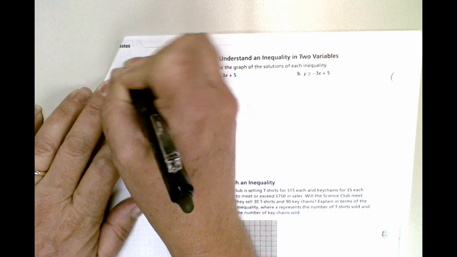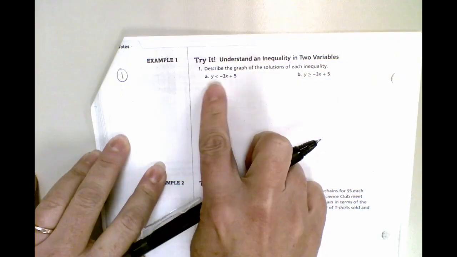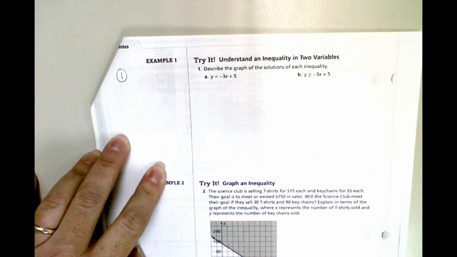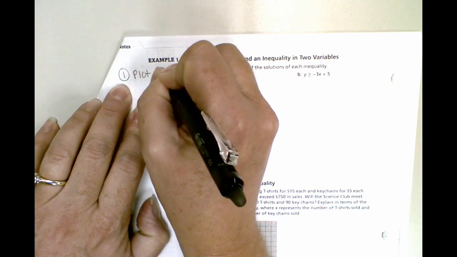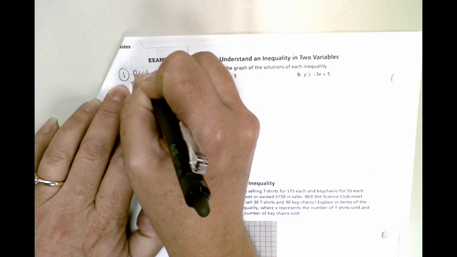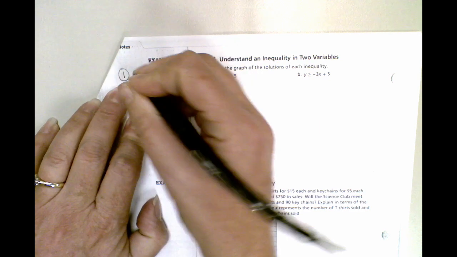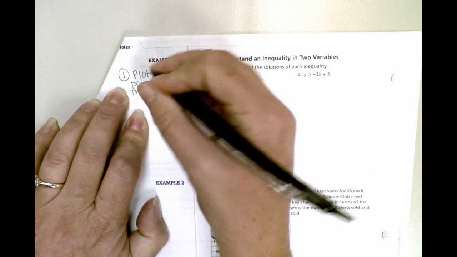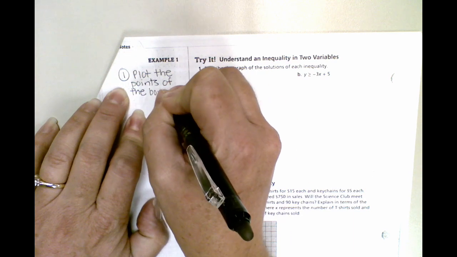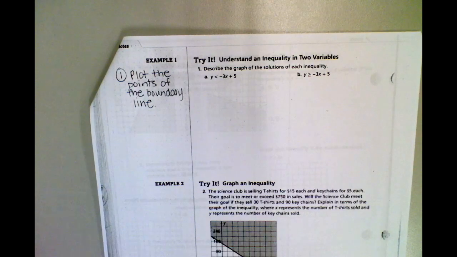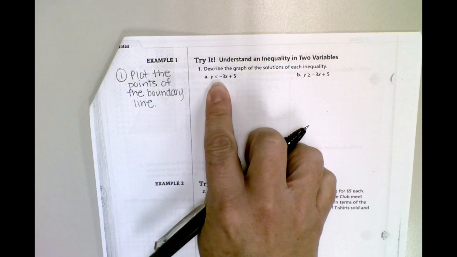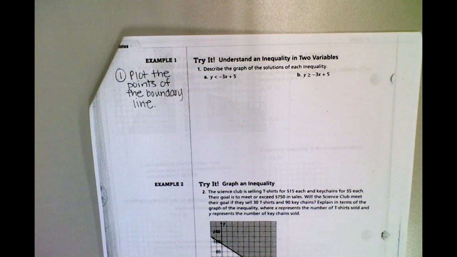So step 1 of graphing a two-variable linear inequality is going to be to plot the points of the boundary line. So this is basically pretending like our inequality symbol is an equal sign and just doing the same thing we would do if this were an equation.